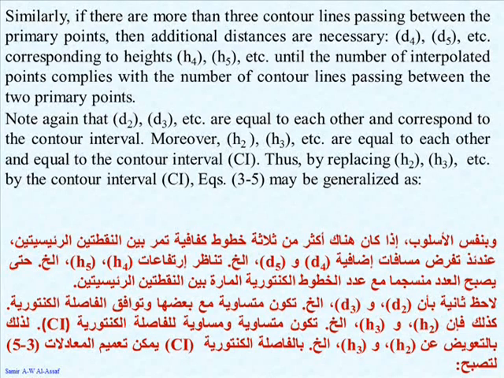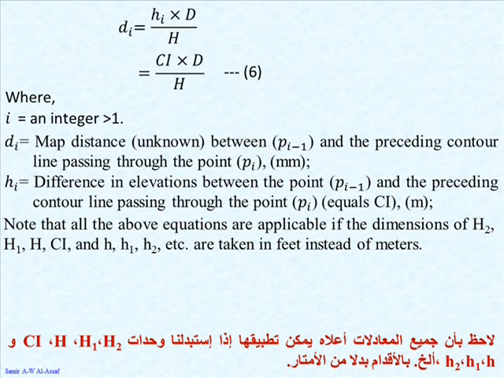Thus, by replacing small h sub 2, small h sub 3, etc. by the contour interval, equations 3 to 5 may be generalized as small d sub I equals small h sub I times capital D over capital H, which is equal to the contour interval times capital D over capital H, where small I is an integer greater than 1.